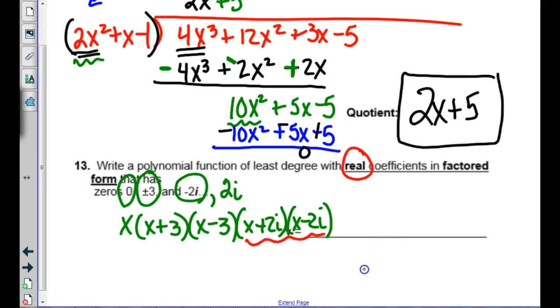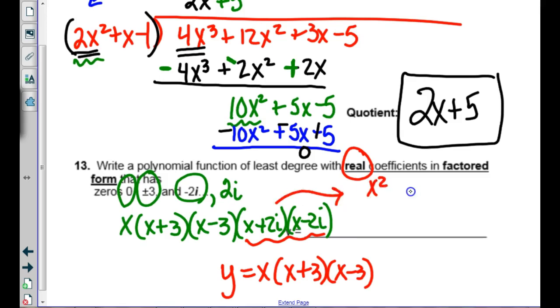Everything else is real. So final answer, it will have an x plus 3, an x minus 3. But what do we have to do to those two? What will that become? X squared minus 2ix plus 2ix, which will go away, minus 4i squared, which should be what?